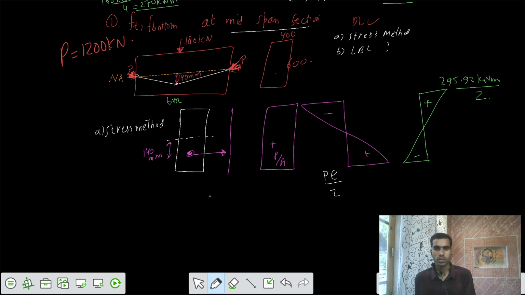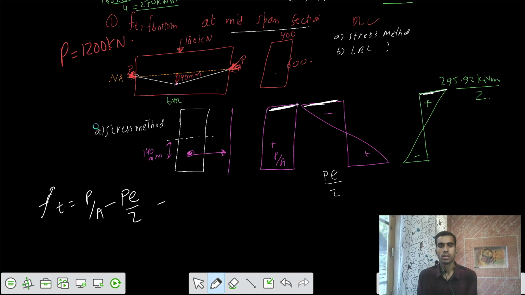Your stress at the top, F top, equals P by A minus PE by Z, plus 295.92 divided by Z. And make sure that the units are correct. Try to keep them in units of megapascal.